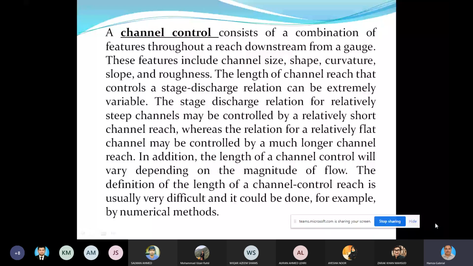The length also depends on the magnitude of flow, how much flow is taking place in that reach.